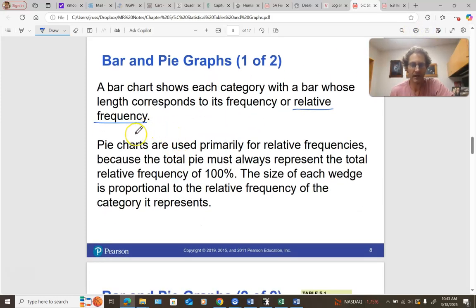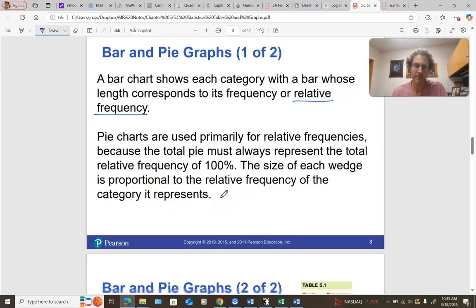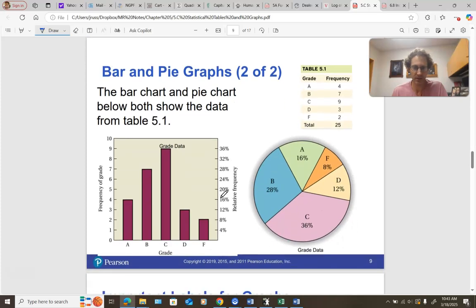And then there are pie charts, which I'm sure you guys have seen. Pie charts are used primarily with relative frequencies because the total pie has to represent the total frequency, or 100% of the data. Furthermore, the size of each wedge is proportional to the relative frequency of the category that it represents. I've got some examples down here.